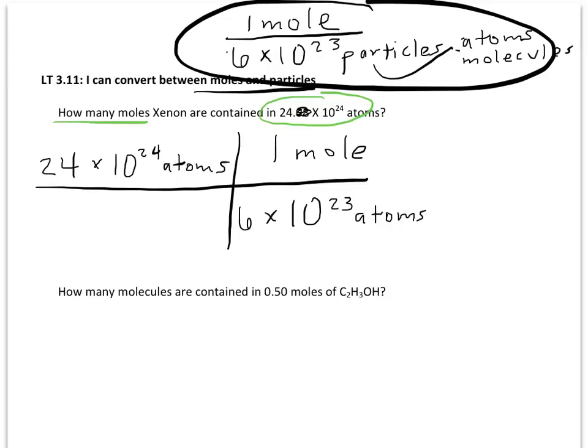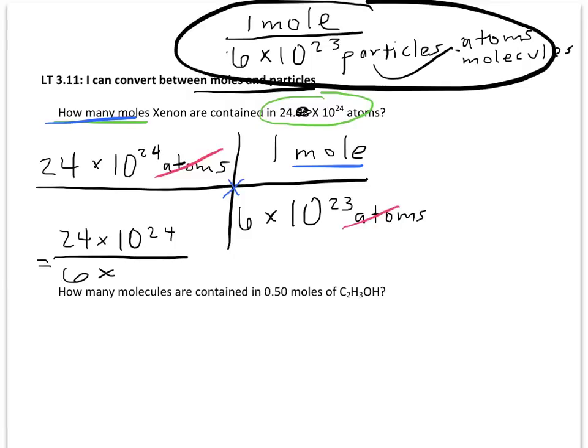So if we look at our units, we know that we did this right because the numerator and denominator have the same unit, so we can cancel, and we're just left with moles, which is what we're trying to find. So now, if we simplify this, we have 24 times 10 to the 24th over 6 times 10 to the 23rd.